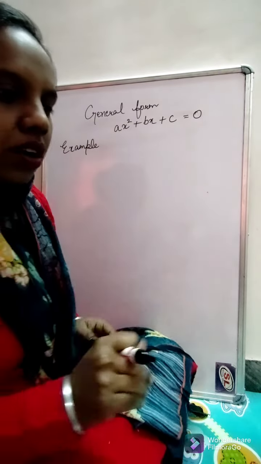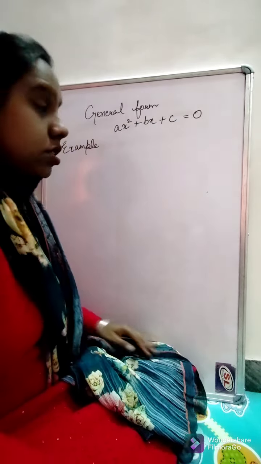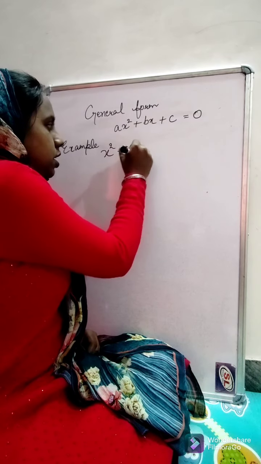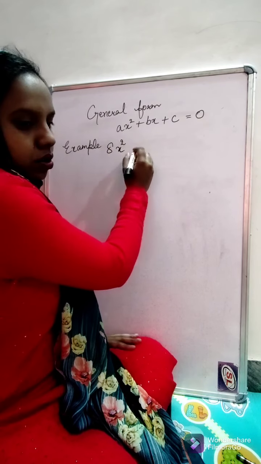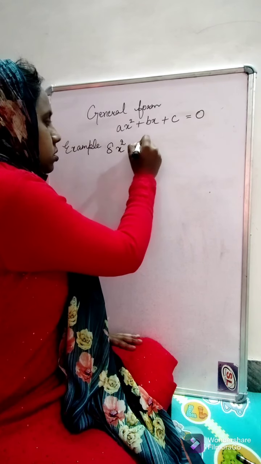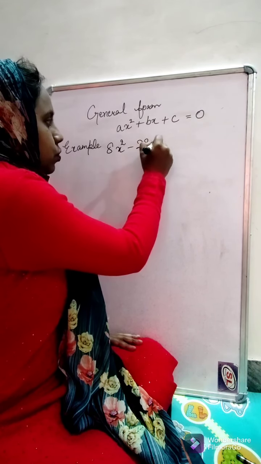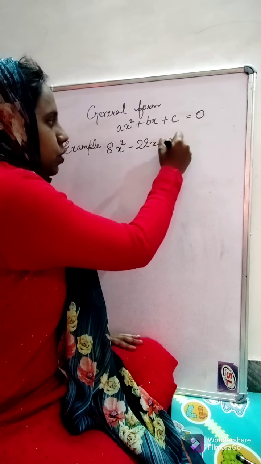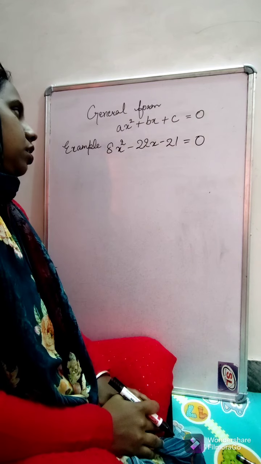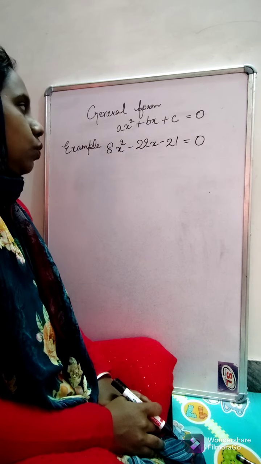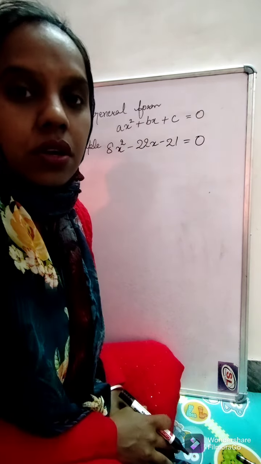An example of a quadratic equation I am going to discuss here is 8x square minus 22x minus 21 is equal to 0, and we are going to solve it by the factorization method.